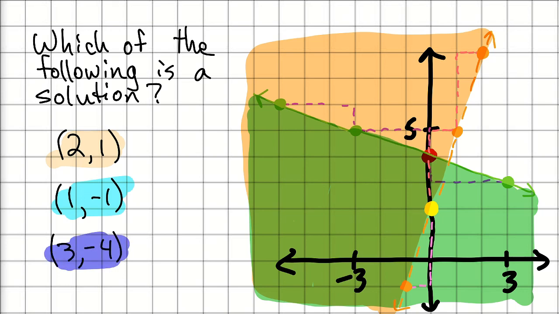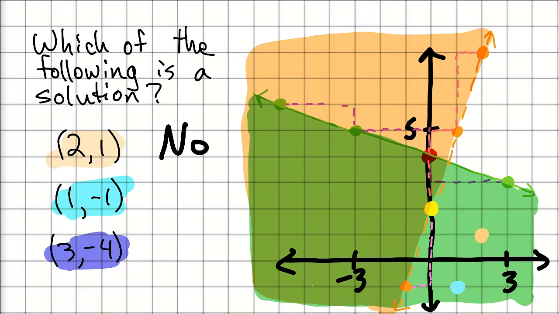All right, so (2, 1) is right here, and that is not part of the solution because it is part of the green region, but it's not part of the orange region. So it is not part of the solution. The (1, -1) is right there.